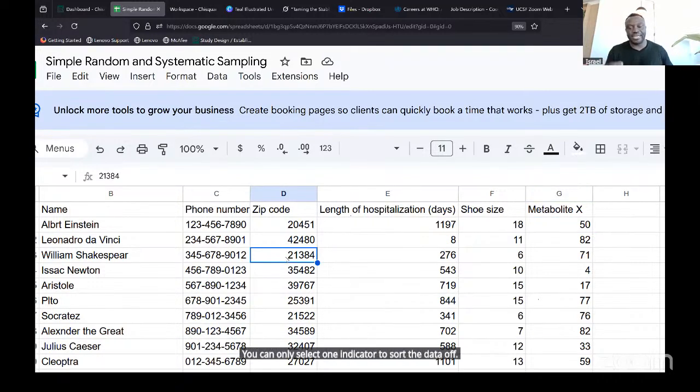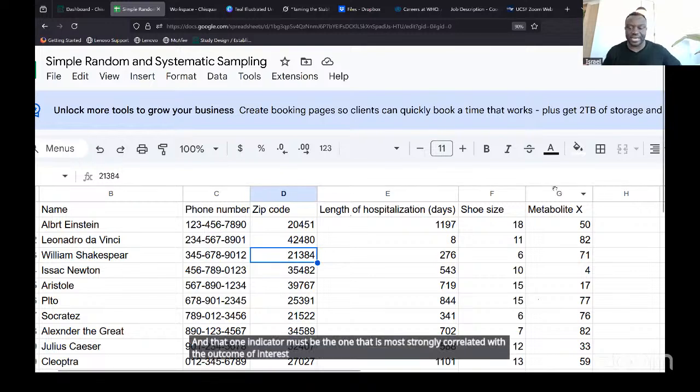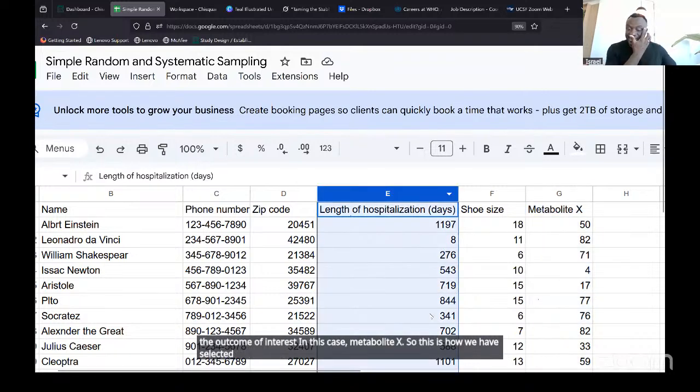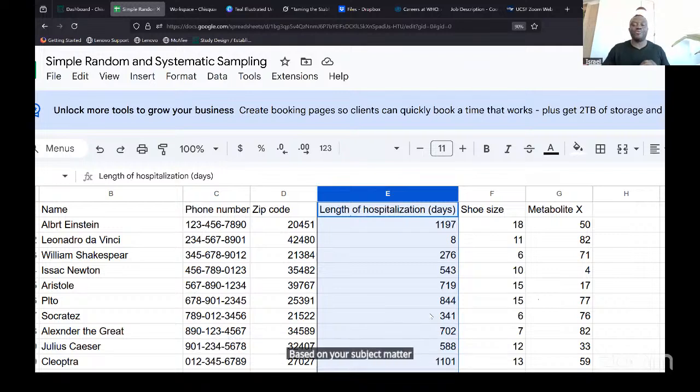And that one indicator must be the one that is most strongly correlated with the outcome of interest, in this case, metabolite X. So this is how we have selected length of hospitalization as our variable that we're going to use to sort. You need to make all of these decisions based on your subject matter knowledge, right? Way ahead of time before you even go to any software to do anything.